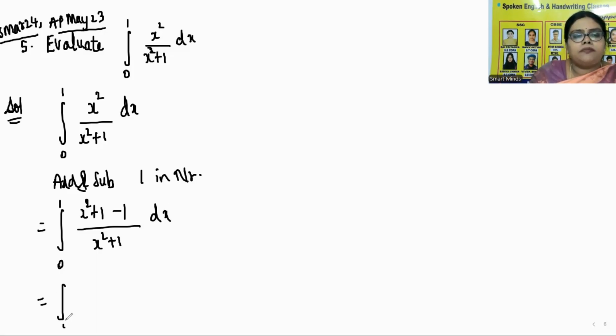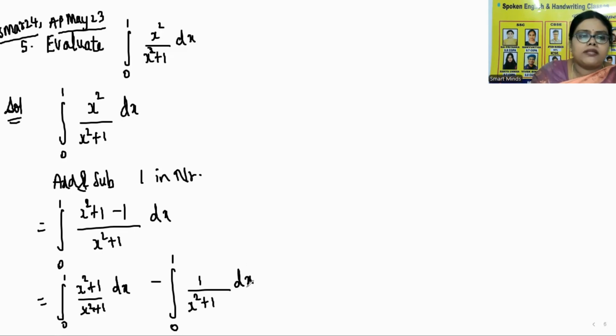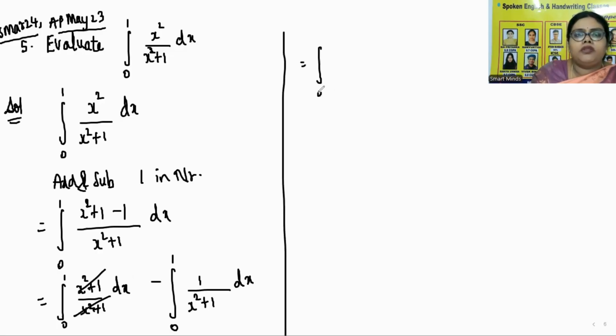Now let us separate it: integral 0 to 1 of x square plus 1 by x square plus 1 dx minus integral 0 to 1 of 1 by x square plus 1 dx. Now here x square plus 1 gets cancelled and you will be left with integral 0 to 1 of 1 dx minus integral 0 to 1 of 1 by 1 plus x square dx.